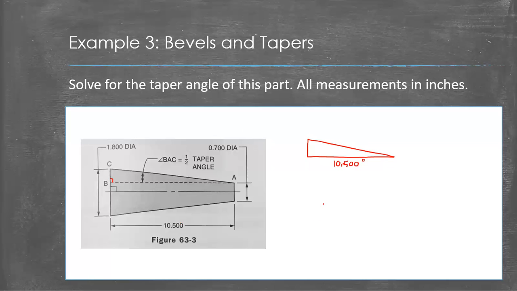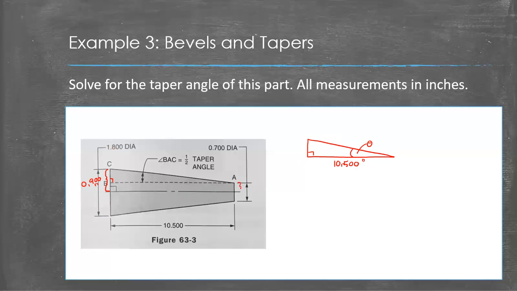So we got our 10.5 inches, and we're looking for this angle. That's what we want to find. We either need to know the height or the hypotenuse in order to solve this. Now, there's nothing to give us the hypotenuse, but we can use this information to get our height. If I take this and divide it by 2, I know that this height just there is 0.900 inches.